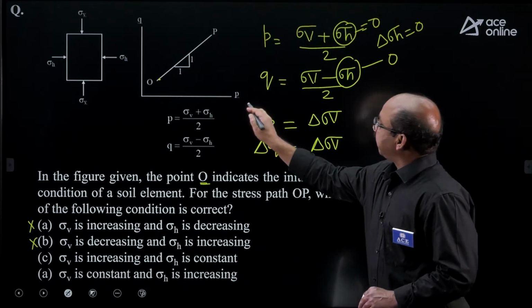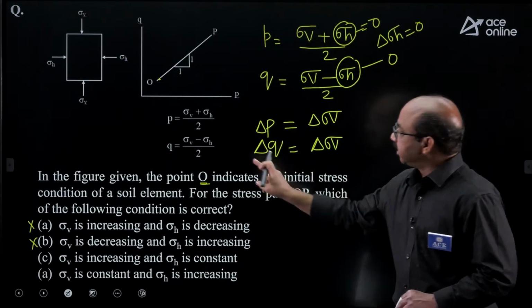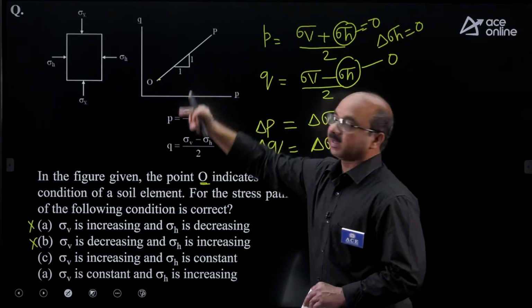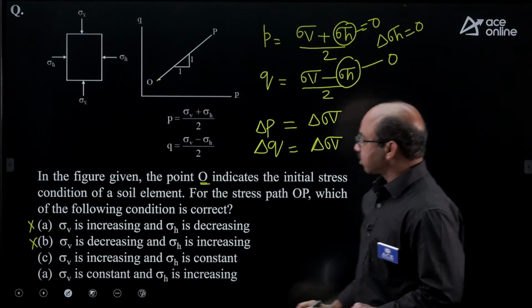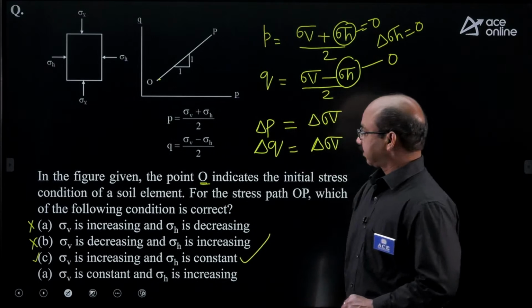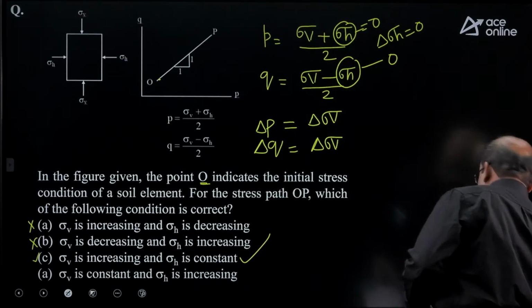It means the P and Q are increasing by the same magnitude. The increase in the X, the increase in the Y both are going to be the same. That's why we are going to get a 45 degree sloping line. So therefore, the answer must be C. So C is the answer here. This is the solution for this question.